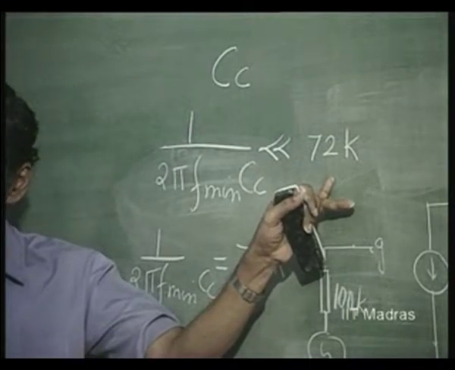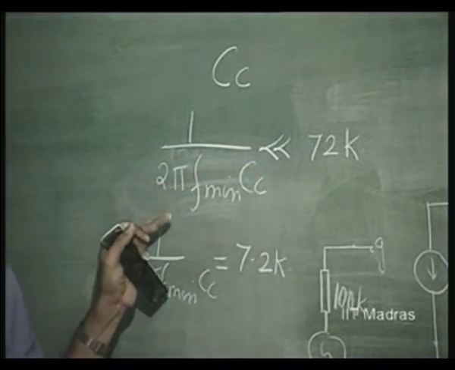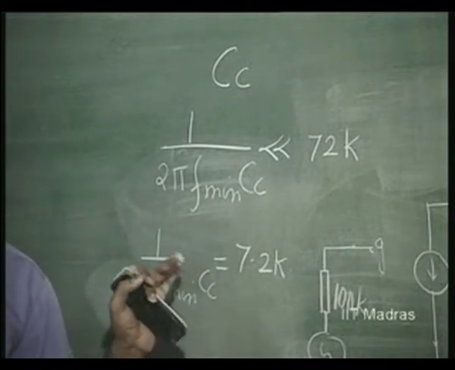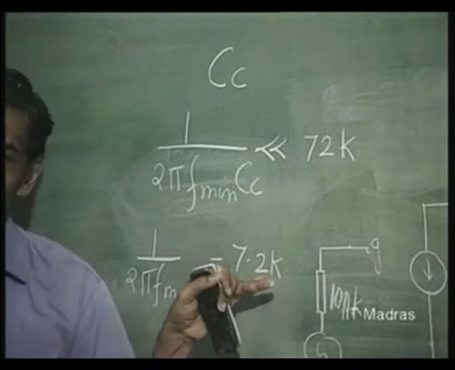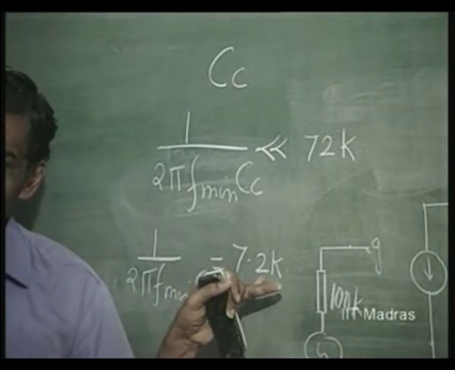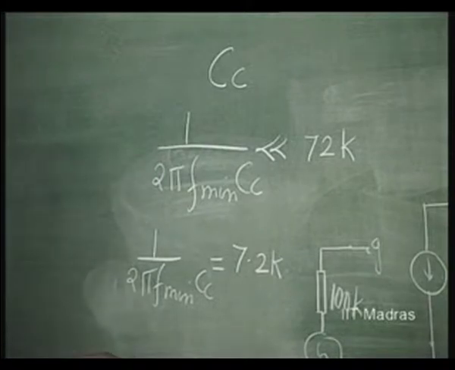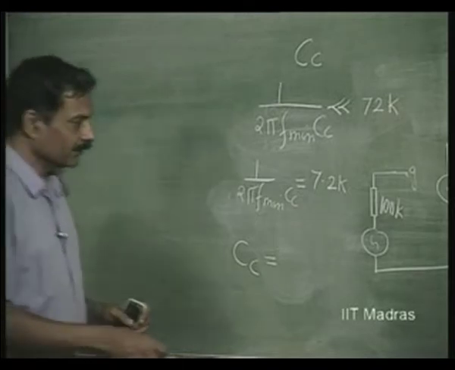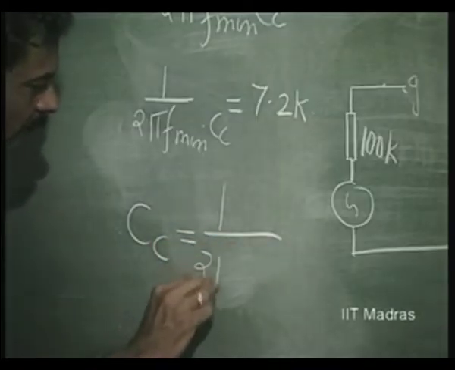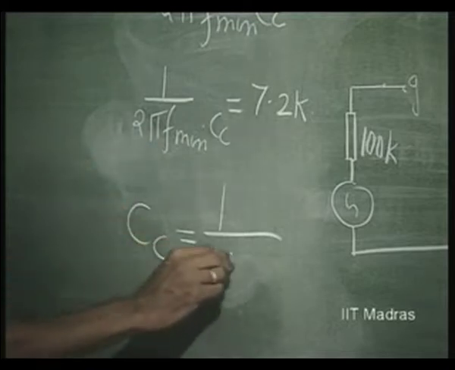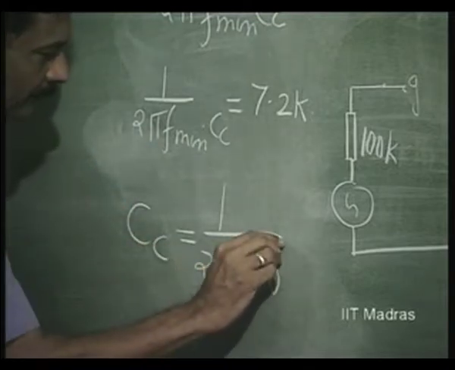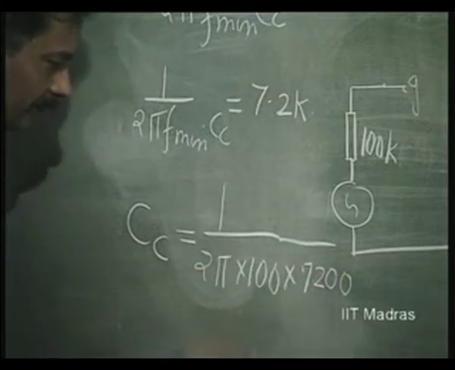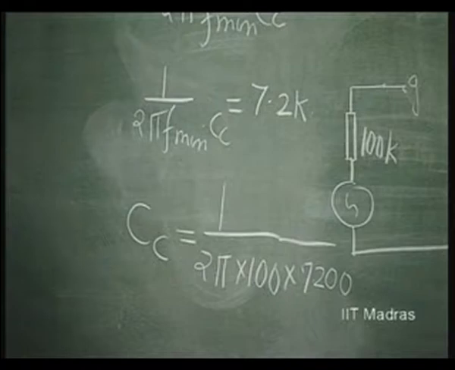If you do not want it to fix the lower cutoff frequency, and you want it to act as a short circuit, then this will be chosen as 7.2 kilo ohms. So Cc can now be evaluated accordingly. That is equal to 1/2 pi, F minimum is 100, into 7,200. How much is this?